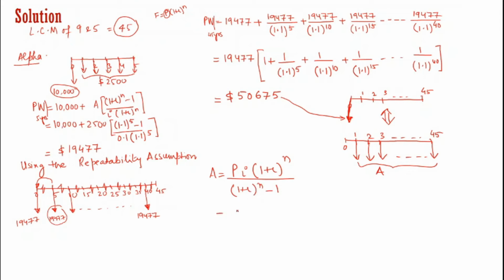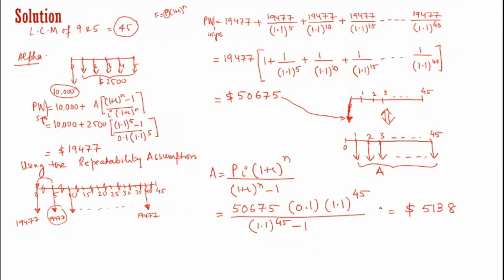If I just fill up the values, P is given as 50675, i is 0.1, 1.1 to the power 45 over 1.1 to the power 45 minus 1. So this comes out to be $5,138.